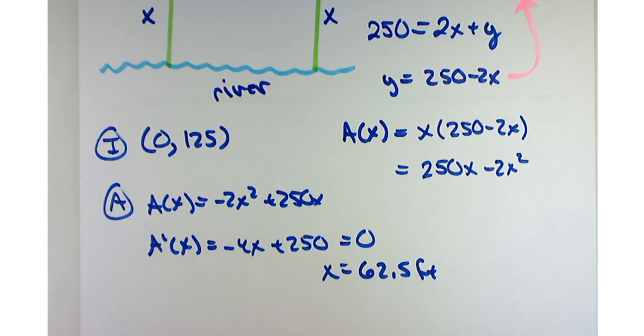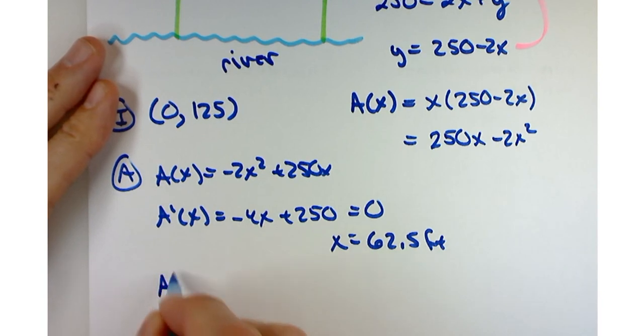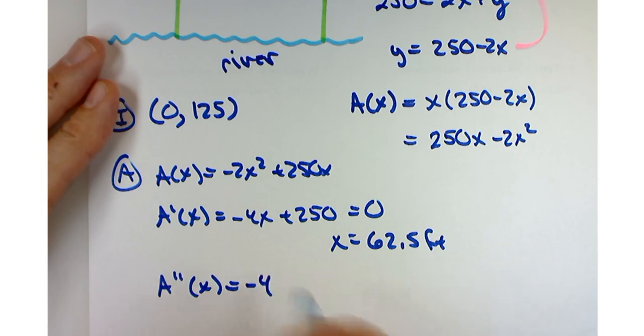How do I know that this is the actual maximum and I didn't get a minimum instead of a maximum? How could I tell? How would you tell? Yeah, second derivative is going to be pretty easy on that one. Here's the first derivative. What's the second derivative? Negative 4, which is less than 0.